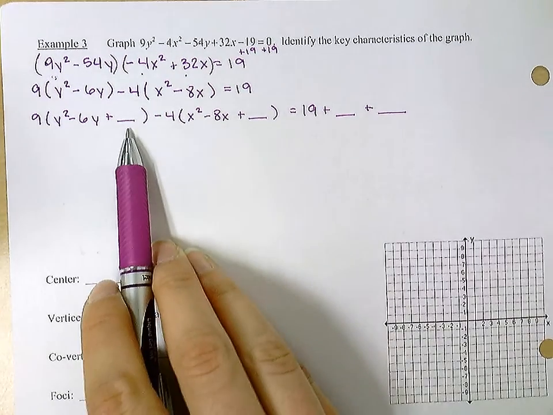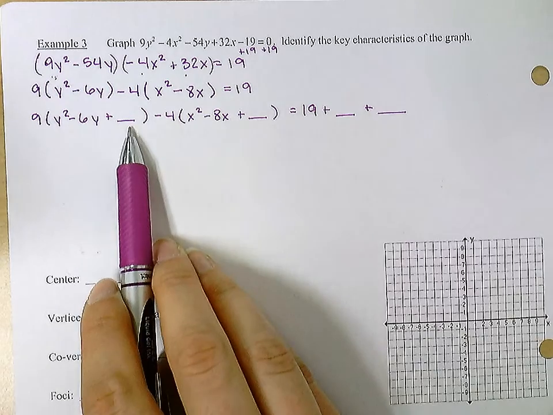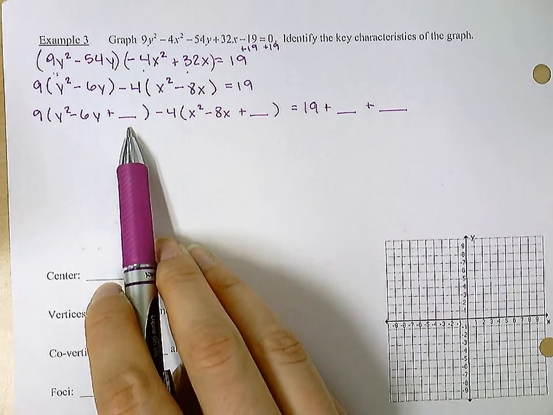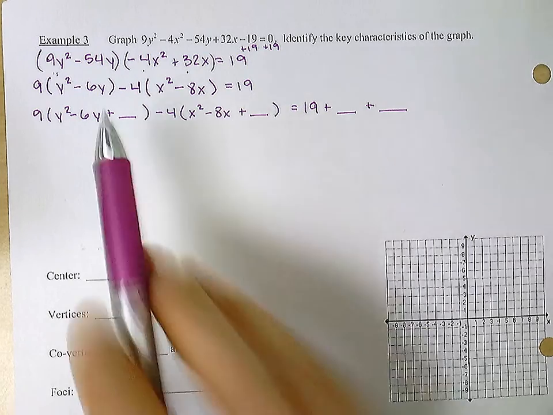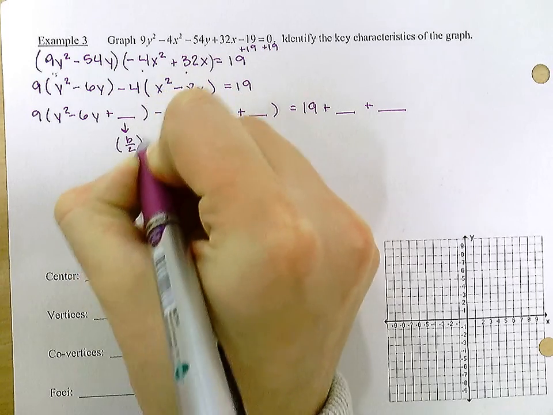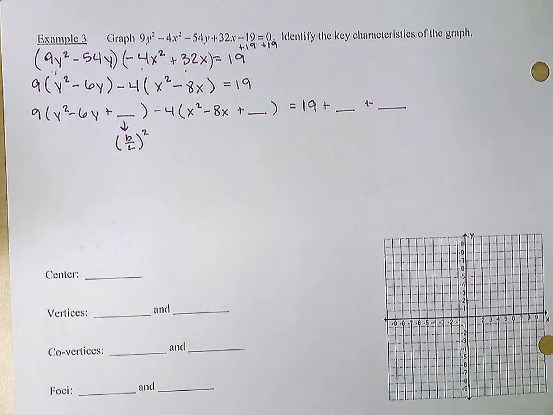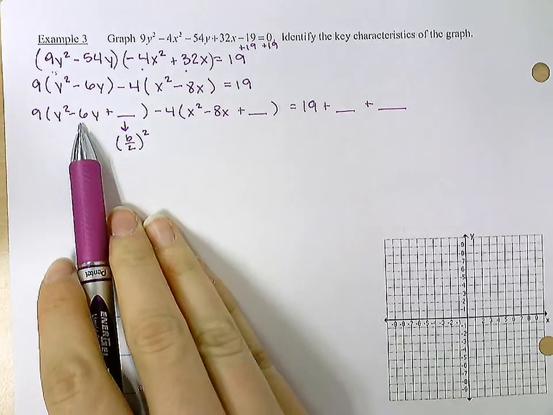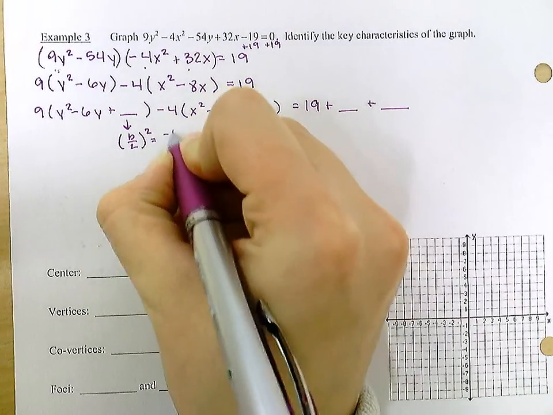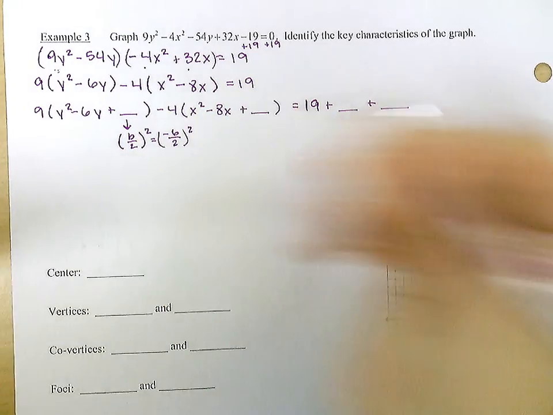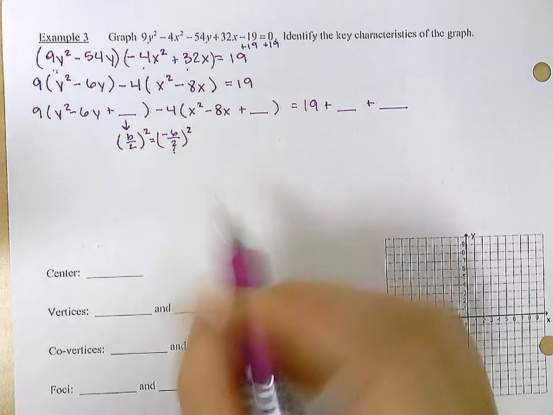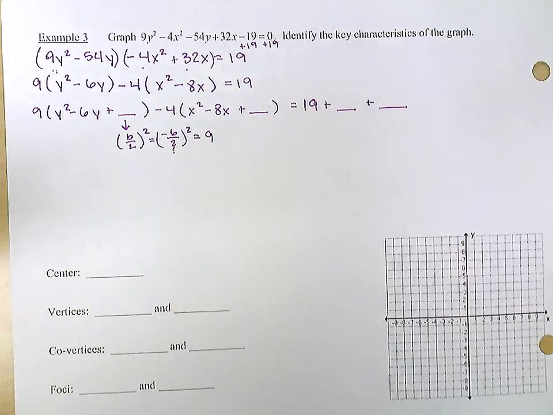How do I find this value that I have to add in? Do you remember? Good. b divided by 2 squared. So my b value in this first quantity is negative 6. Divide that by 2 and square it. So negative 6 divided by 2 is negative 3. Negative 3 squared is 9.